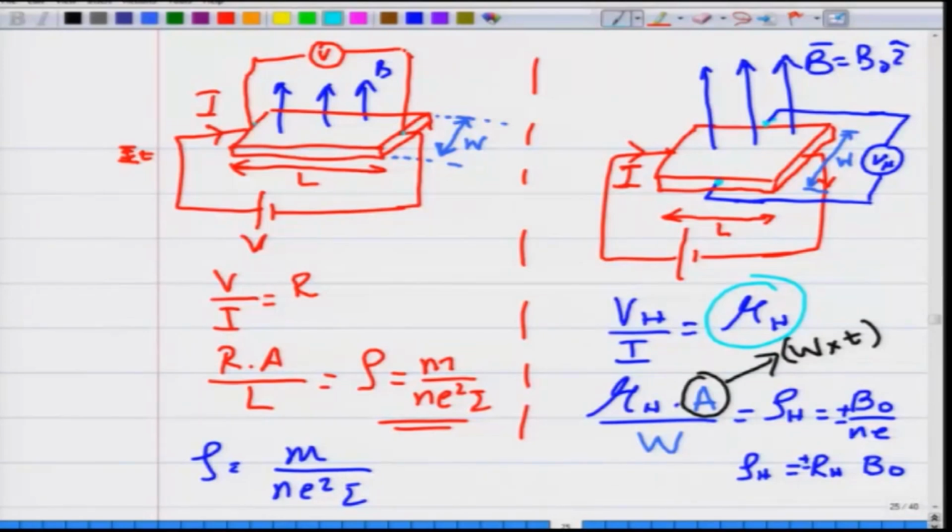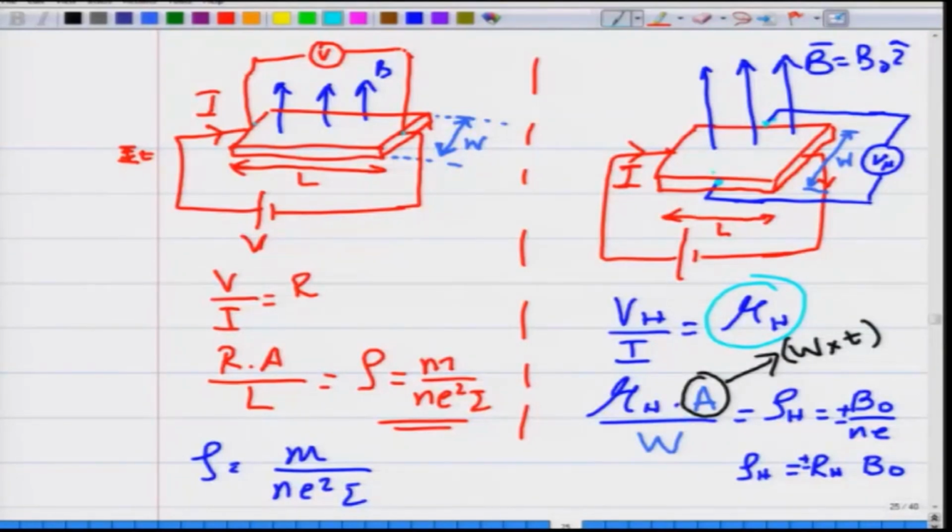This Hall resistance, which I have written as this curly R, is to distinguish it from R, because, as you know, I have already used this symbol for the Hall coefficient. That is why I am using a curly R to indicate the Hall resistance, and this Hall resistance into the area of cross section of the sample divided now not by the length but by the width of the sample.